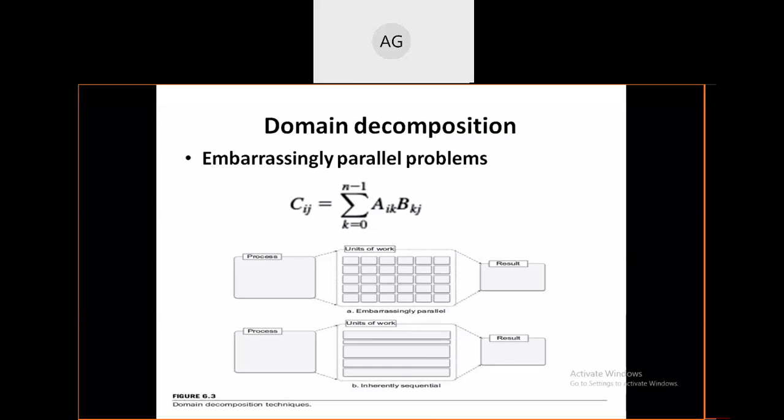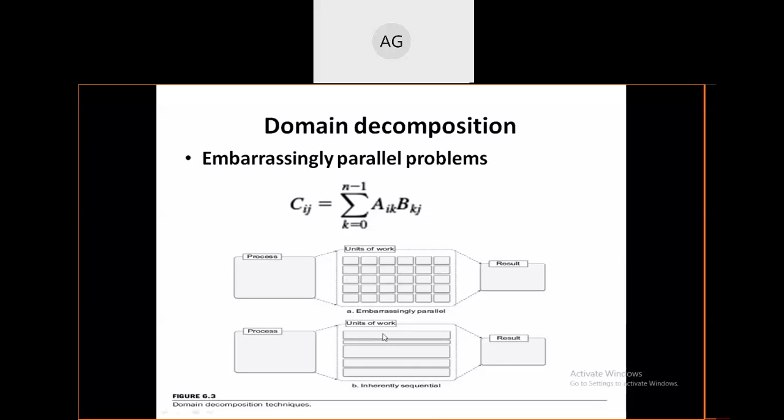The b of kj is the inherently sequential part, where you are using the matrix method. Here we are using some rows as well as columns of the input matrices, which contain values of a comparable nature, with the scalar product defined here. You can see here that the units of work are different.